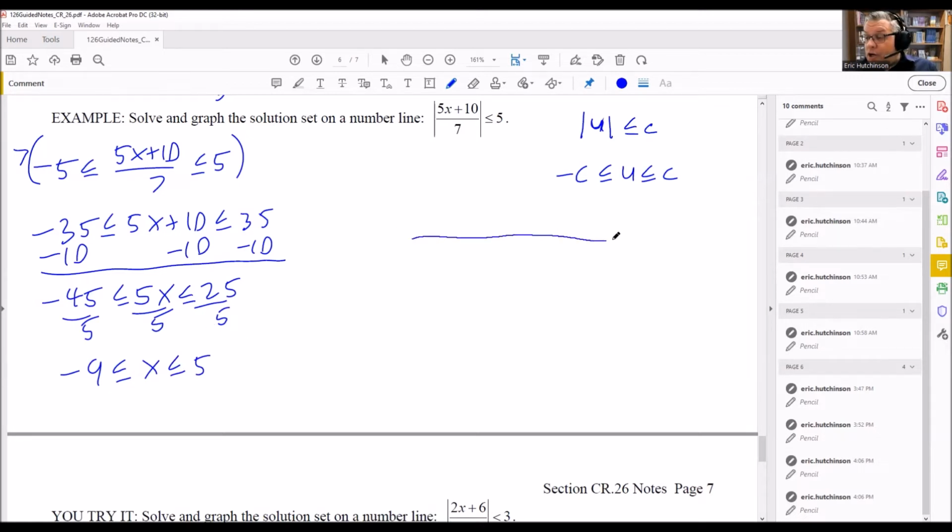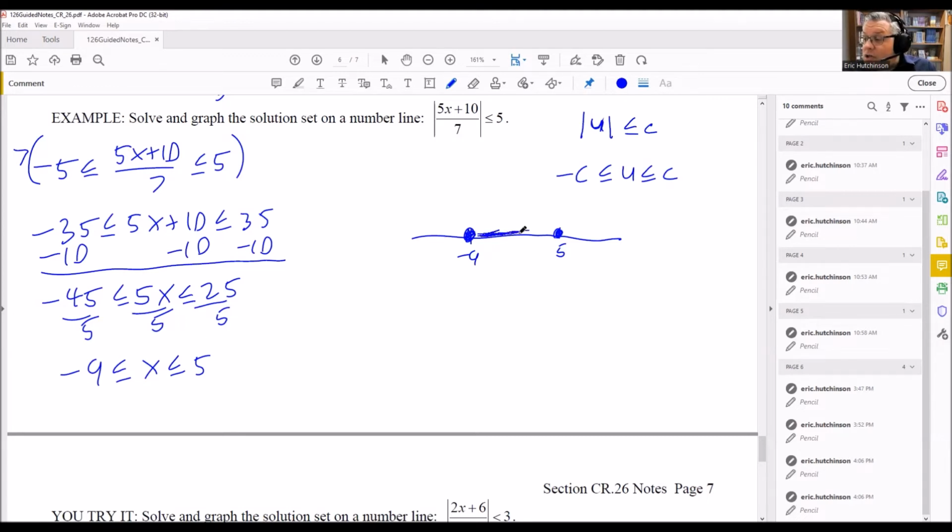So now we want to put it on a number line. We have negative 9 and we have 5 right here. Both of these are going to be closed circles. Now the answer that you put for this is going to be everything in between. The reason is that a value for x has to be greater than negative 9, but at the same time less than 5.